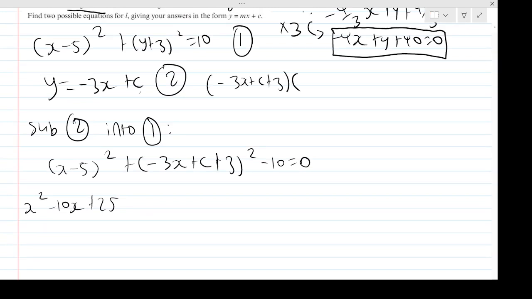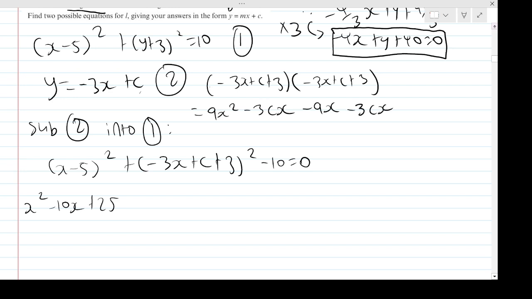So if I'm squaring it, I'm times it by itself. And that would get me, firstly, minus 3x times everything in the other bracket. Minus 3x times minus 3x is plus 9x squared. Then minus 3x times c is minus 3cx. Then I have minus 3x times positive 3 is minus 9x. Then for the next term, c times minus 3x is again minus 3cx.